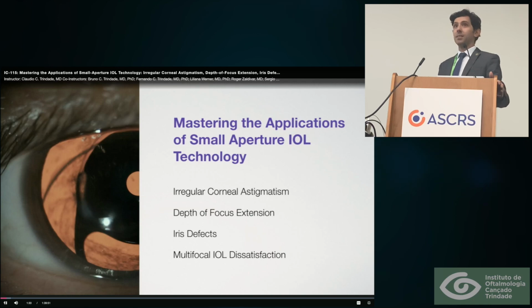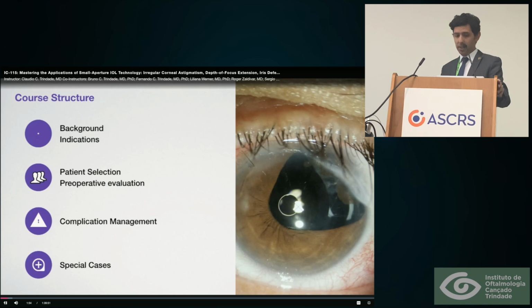We can use it in the face of iris defects, and also, based on our encouraging results, we are extending these applications even to those cases where we can treat multifocal IOL dysphotopsia. So we are going to cover the backgrounds, the indications, patient selection, the management of some of the complications, and also present some special cases where this approach has been used.